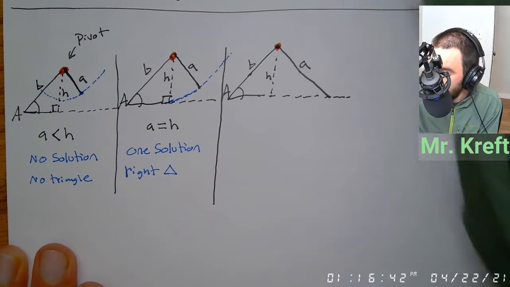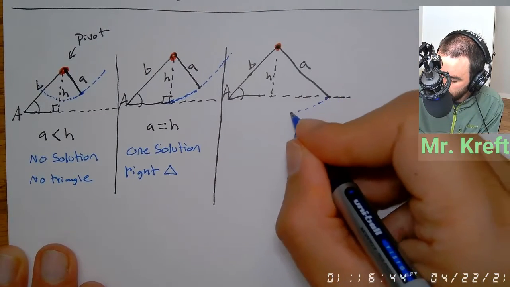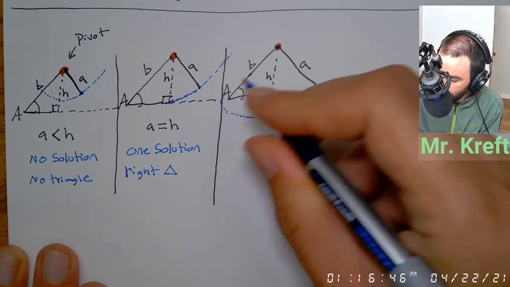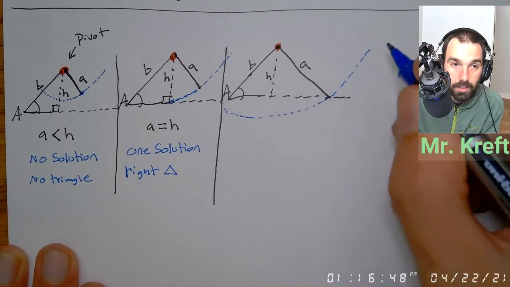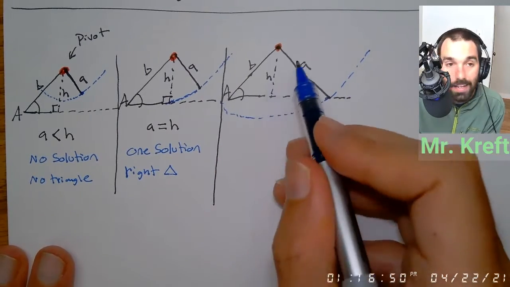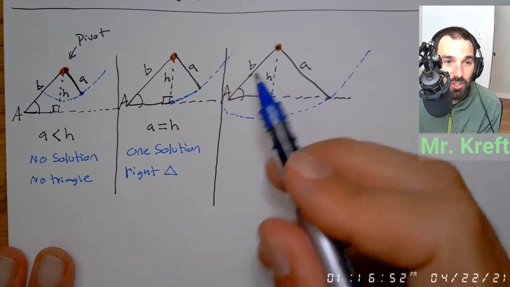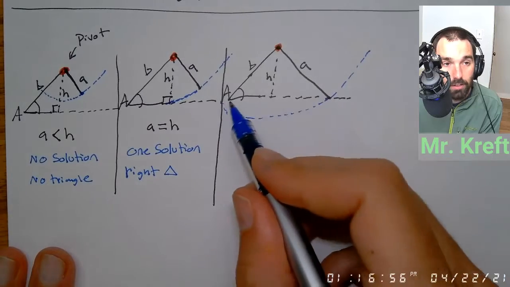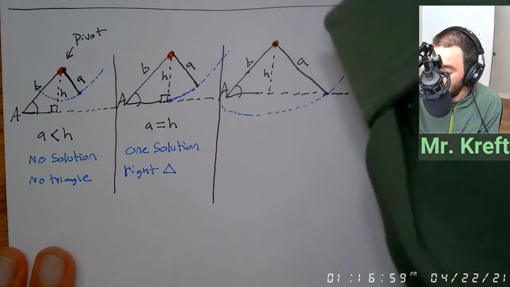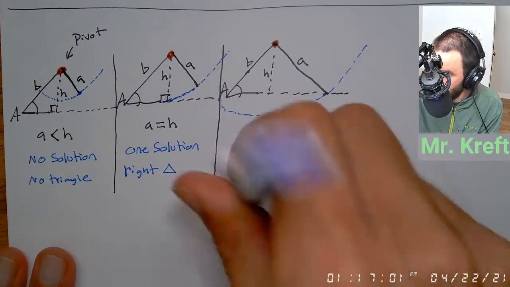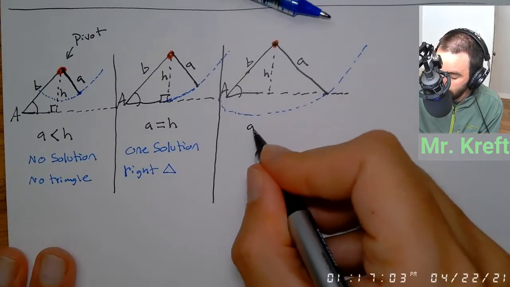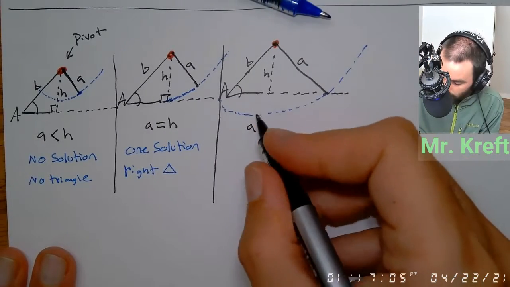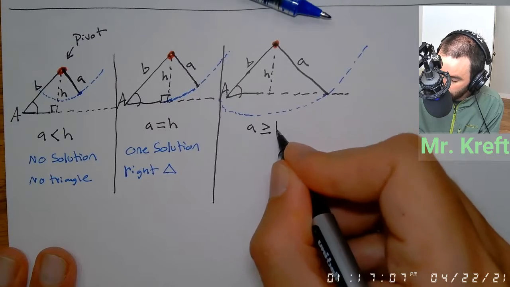If A is really long, notice here, A is longer than both H and B. So in this case, how many triangles do we get? We're just going to get one triangle. So this is A is greater than or equal to B.